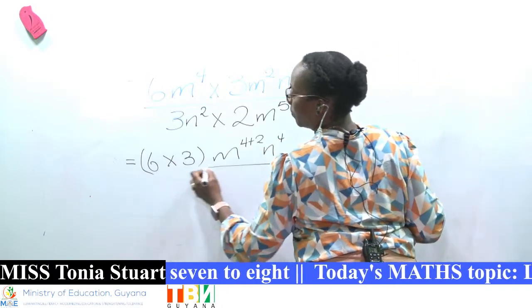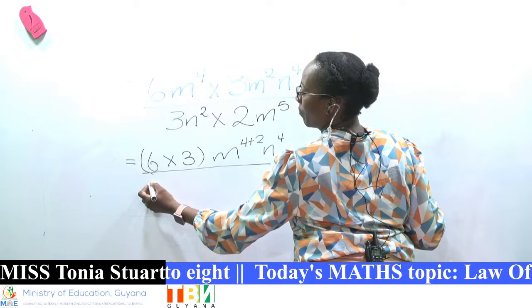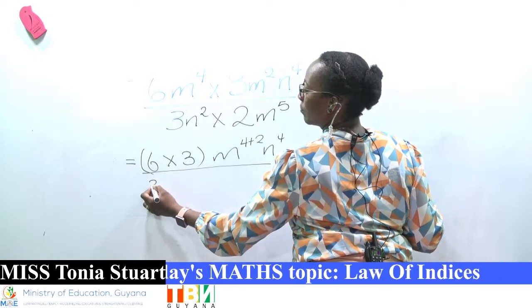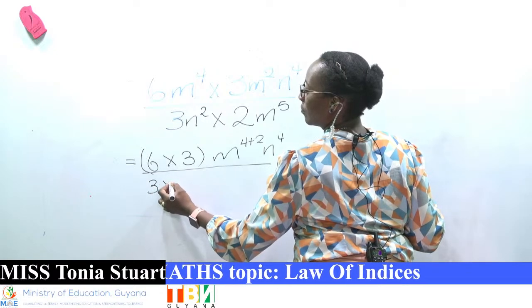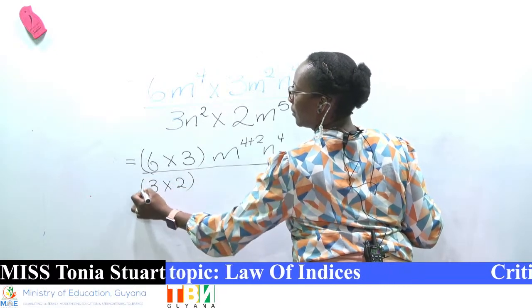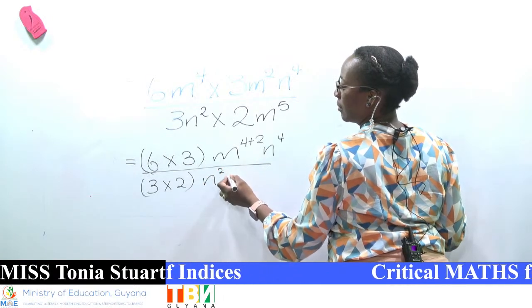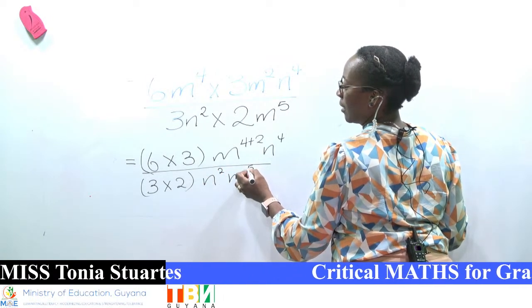Great. And the bottom? There'll be 3 multiplied by 2, n to the 2nd power, and m to the 5th. Great. We can't do anything like with this.